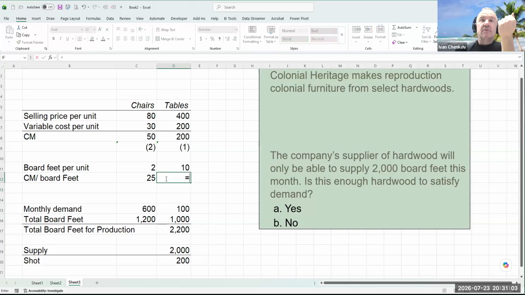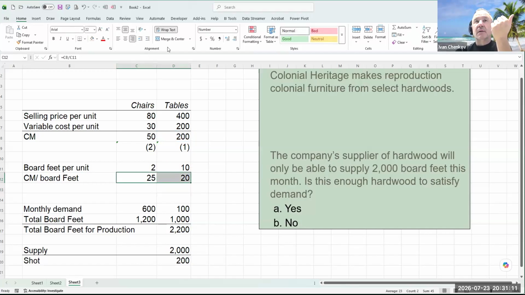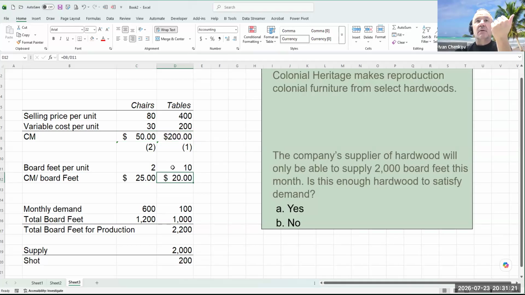For the tables, divided by 10, it's going to be $20 per board foot. Now, that pretty much gives me the idea of which product I should focus on. And as you can see, we're not going to focus on the tables anymore.